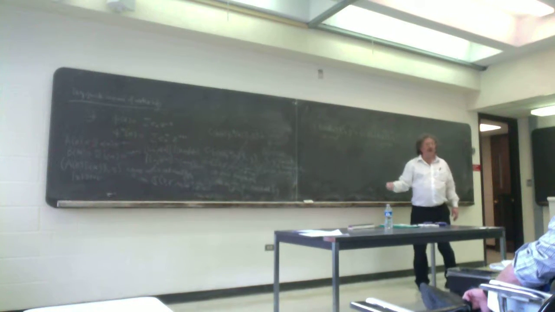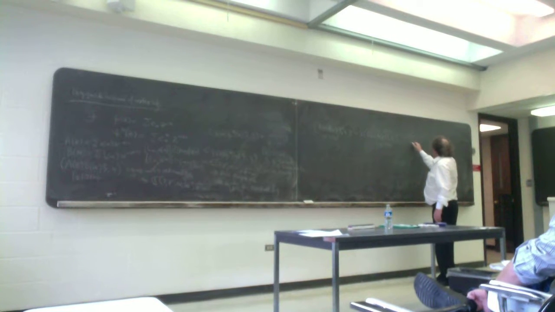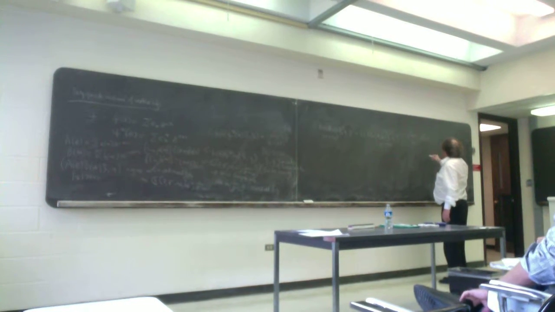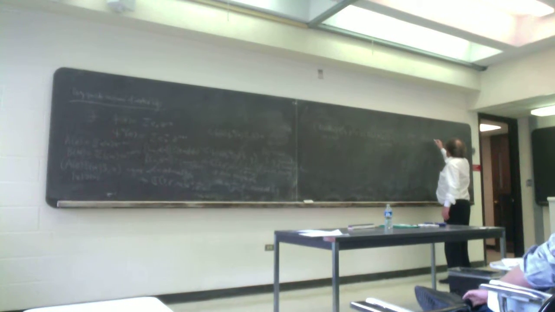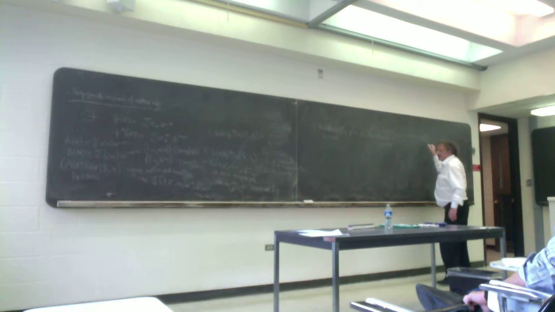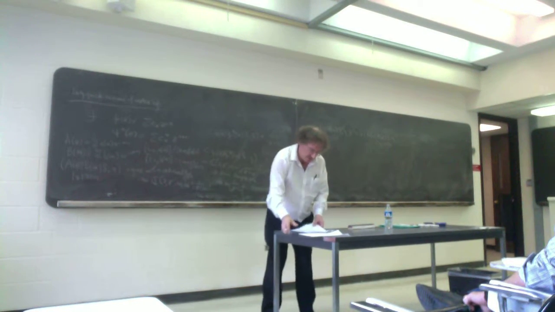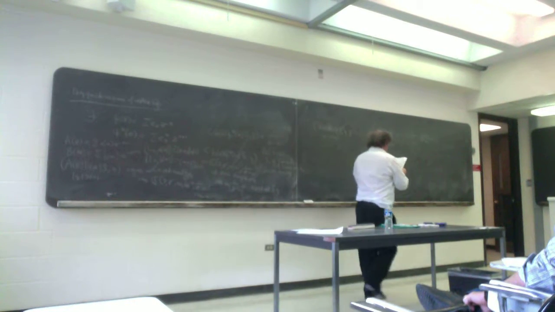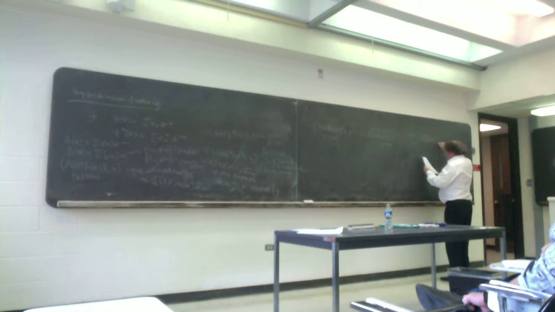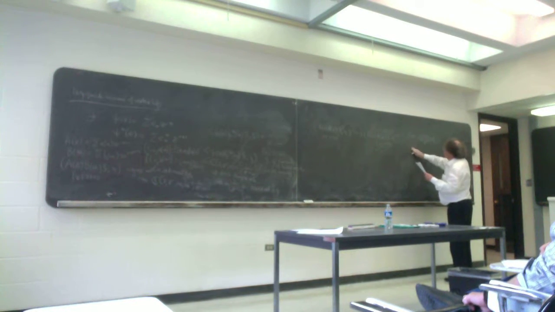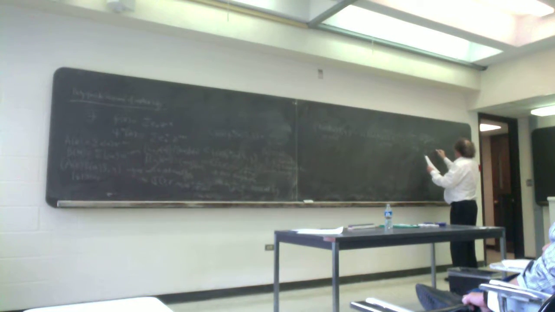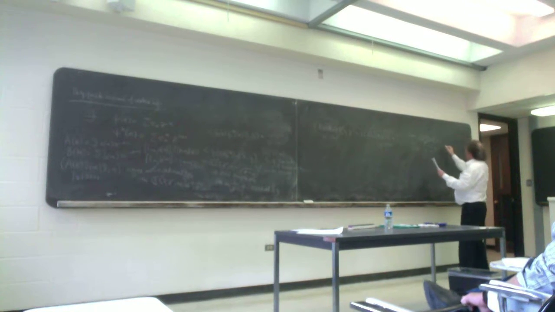And then near the singularity, you could write this as a sum of AK, P less or equal to K, Z minus W to the P. Right.